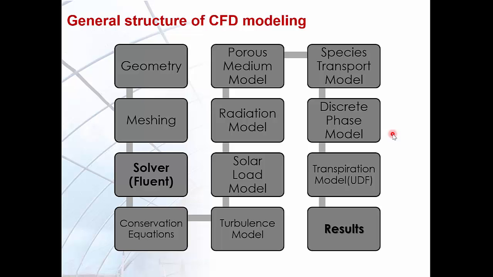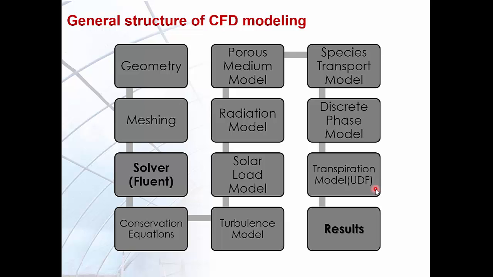We can also use user-defined functions, external functions, to characterize specific processes, for instance, evapotranspiration from the crop canopy, which also contributes to the greenhouse cooling and the microclimate inside the greenhouse.